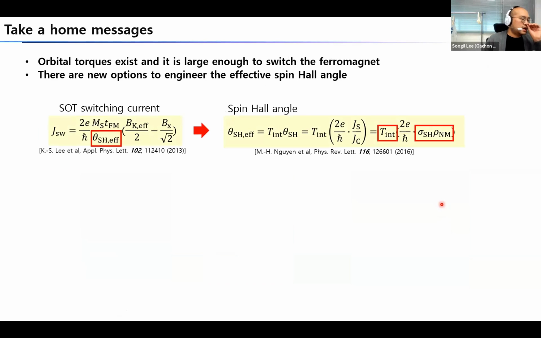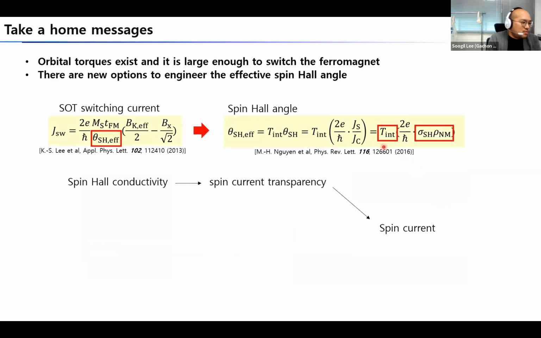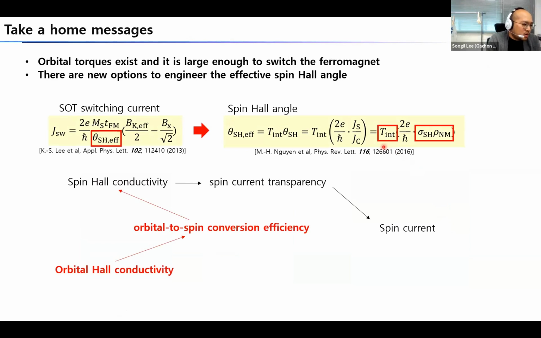In the previous slide, I discussed how to enhance the effective spin Hall angle, but I already mentioned that we have only a small number of options to enhance it. But today I demonstrated that we have a new option with the orbital current. So we now have more options to control the effective spin Hall angle. For example, there are orbital Hall conductivity and orbital-to-spin conversion efficiency.